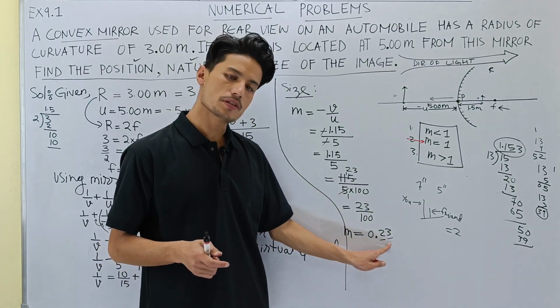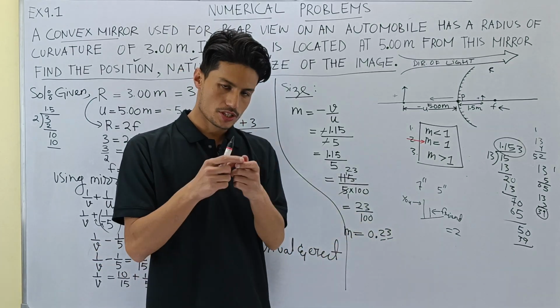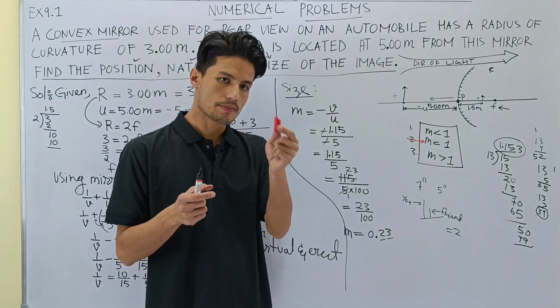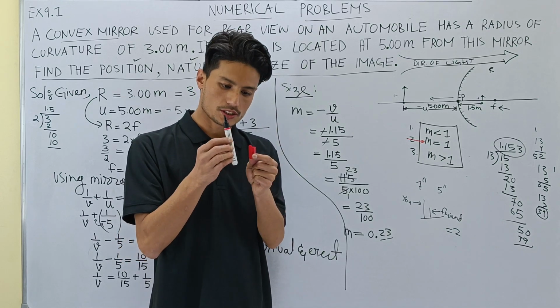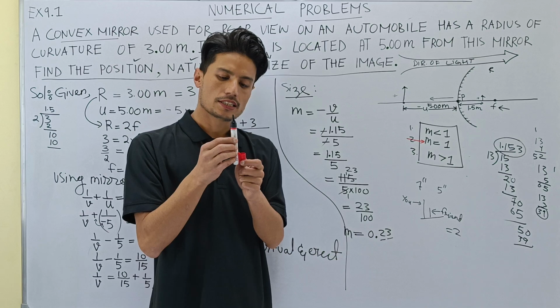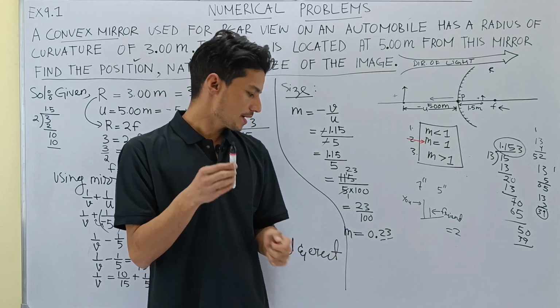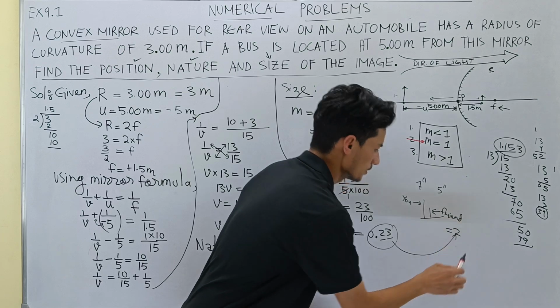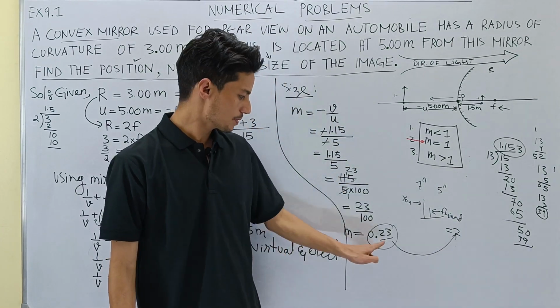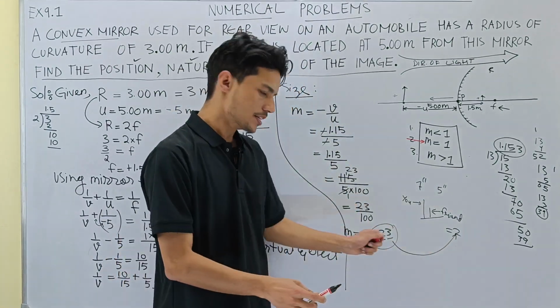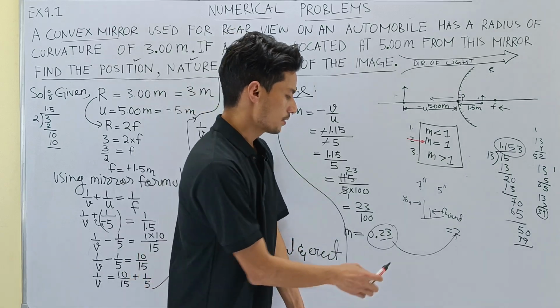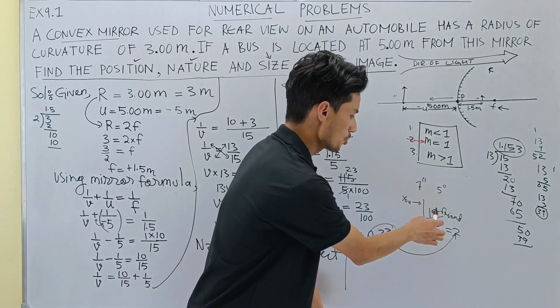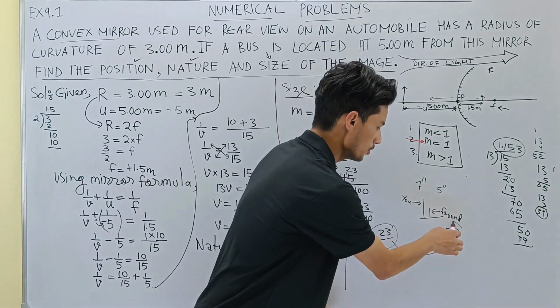M equal to 0.23 means that the image is shorter compared to the object by a factor of 0.23. So it's like me asking you that your friend is shorter than you by a factor of 2.